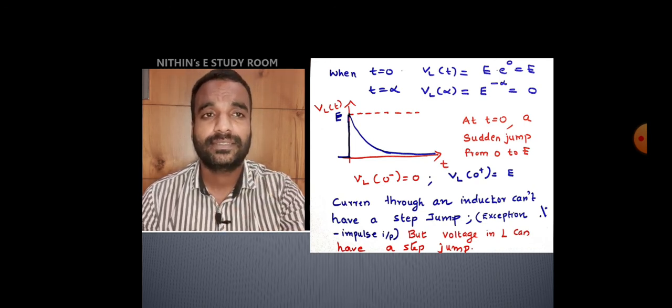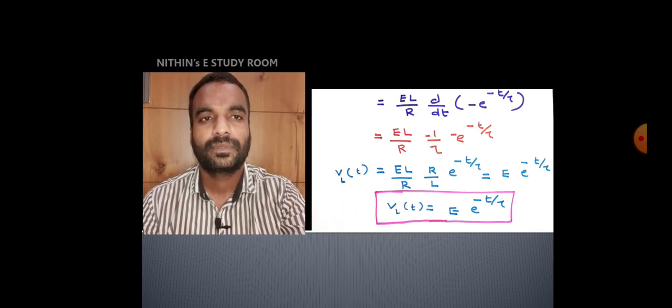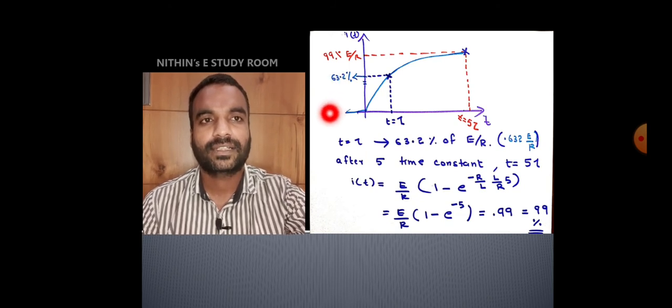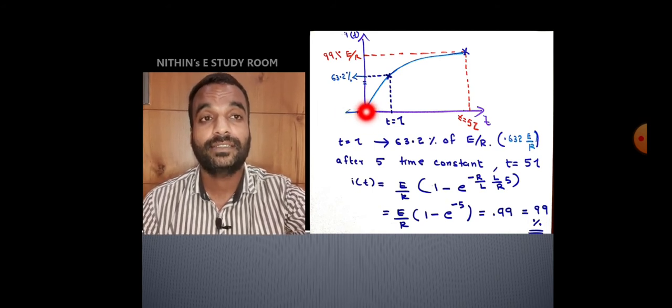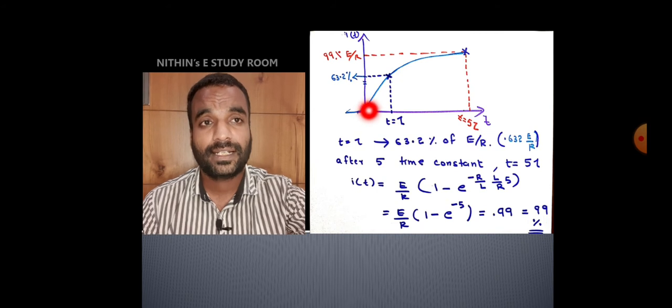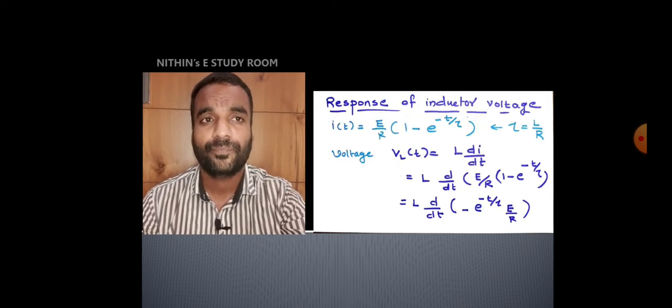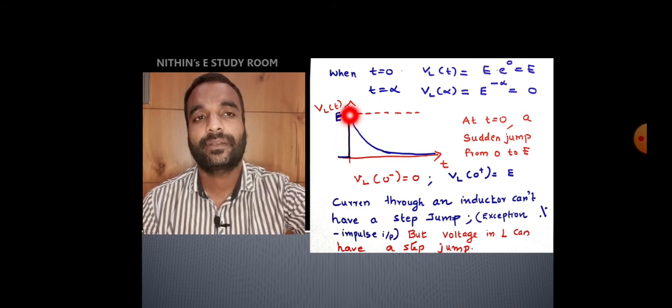You can check here. Initially, this was the current before the switch is closed at t is equal to 0. At t is equal to 0 the switch is closed, and current is slowly increasing. No sudden jump happens in the current waveform. But in the voltage waveform, you can see the voltage was 0 initially, and when the switch is closed, suddenly the voltage is jumping.